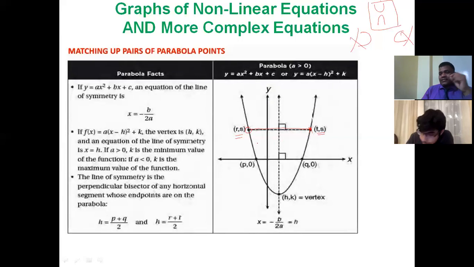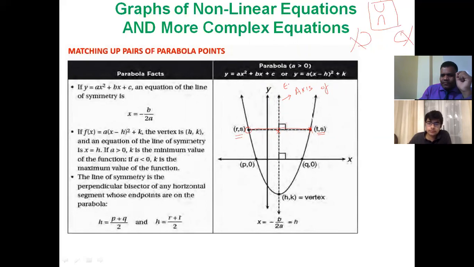In this, the axis of symmetry is always the middle line. So to answer this question, your first step is to find the axis of symmetry.